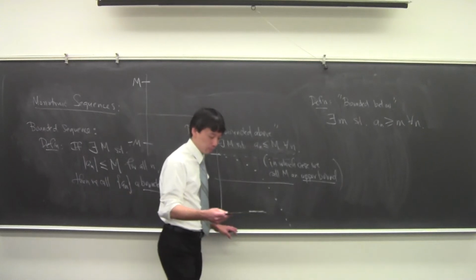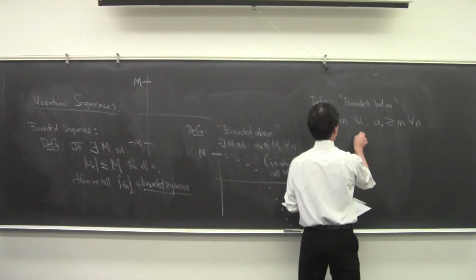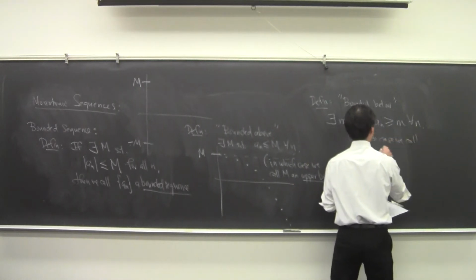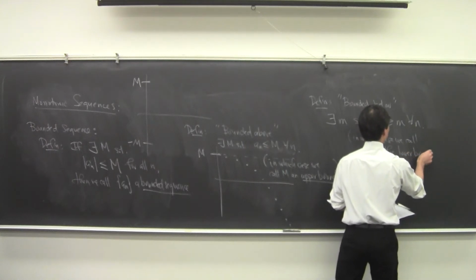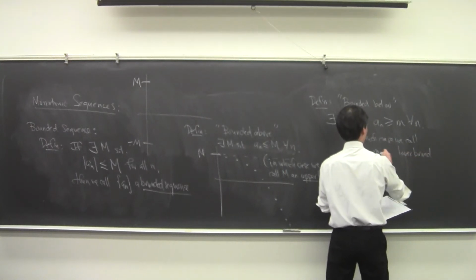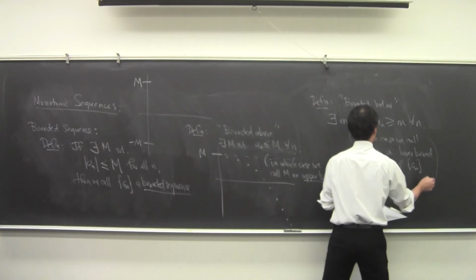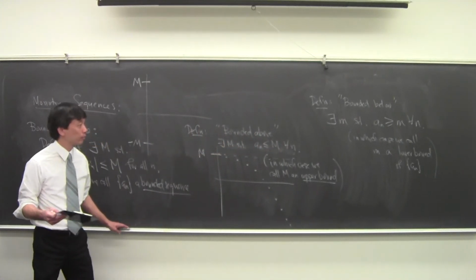It doesn't matter, right? And in which case we call little m the lower bound, or a lower bound of the sequence.